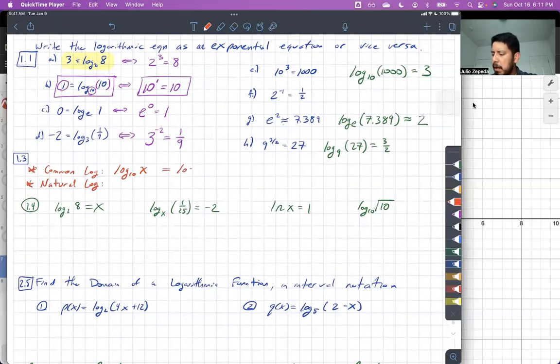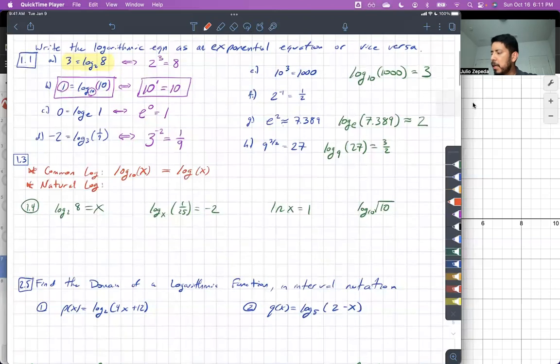This is just the log of x. Basically, you don't have to write the base. If you just write log of something, and there's no base written there, it's assumed to be a base of 10. Just like if I were to write a square root, you assume that the index is 2, even if I don't write it. Okay, so same thing.